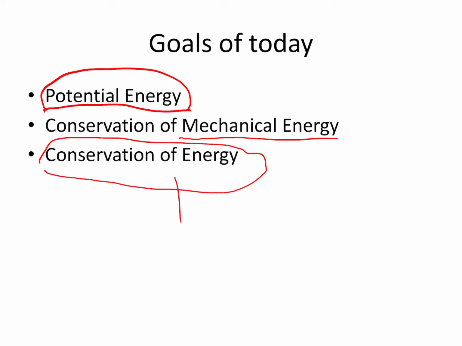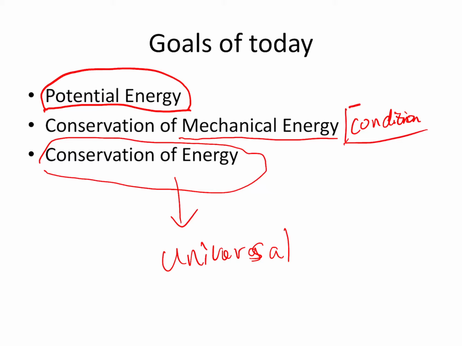Now, conservation of energy is universal, so basically there is no condition for it. Energy is always conserved, and we're going to talk more on this later. Now conservation of mechanical energy has a condition. You need to pay attention during the lecture to what would be the condition for mechanical energy conservation.